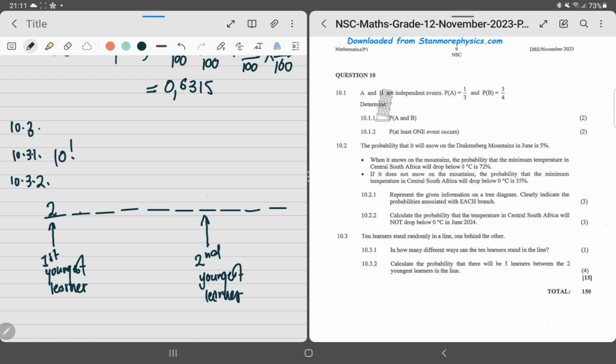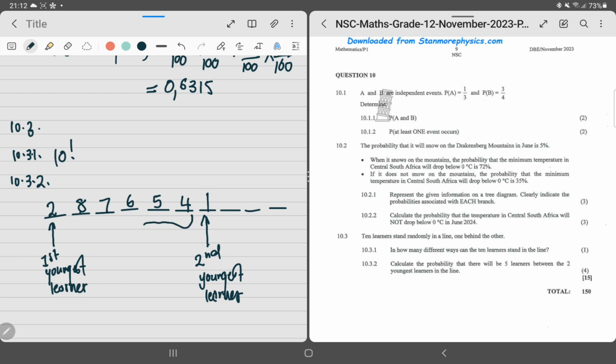And then now I only have one choice to pick from. Okay. So now I've used up 2 learners. I am left with 8 in total. So right here, I'm going to have 8 choices to pick from. The following one, I'm going to have 7 choices, 6 choices, 5 choices, 4 choices to pick from.